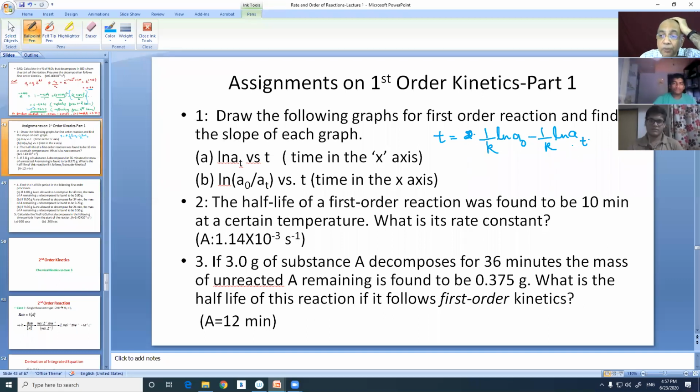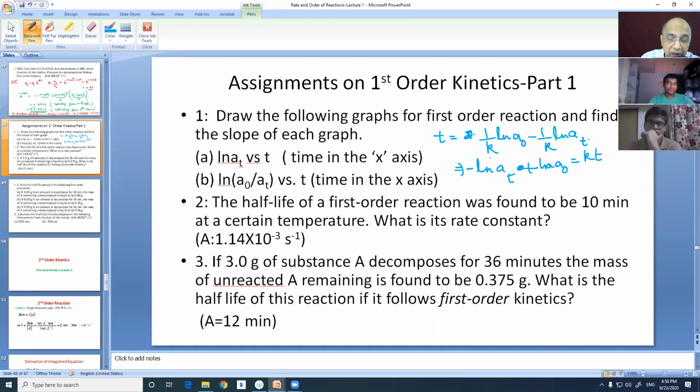So now if you take ln At as the y coordinate, ln At will be equal to minus ln At plus ln A0 is equal to kt.